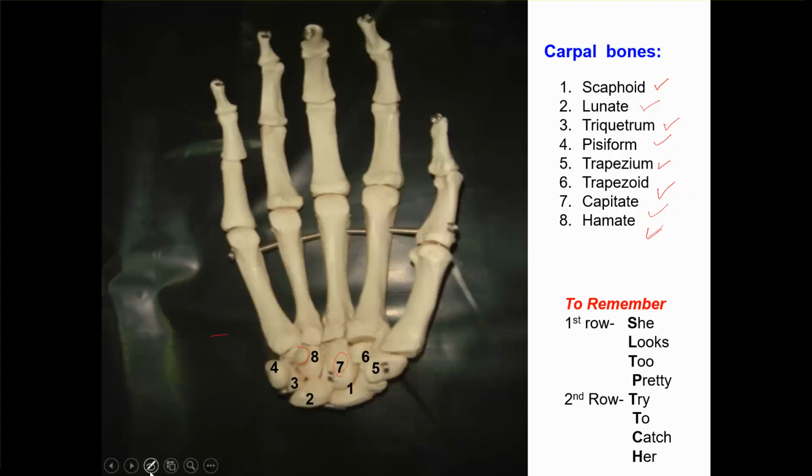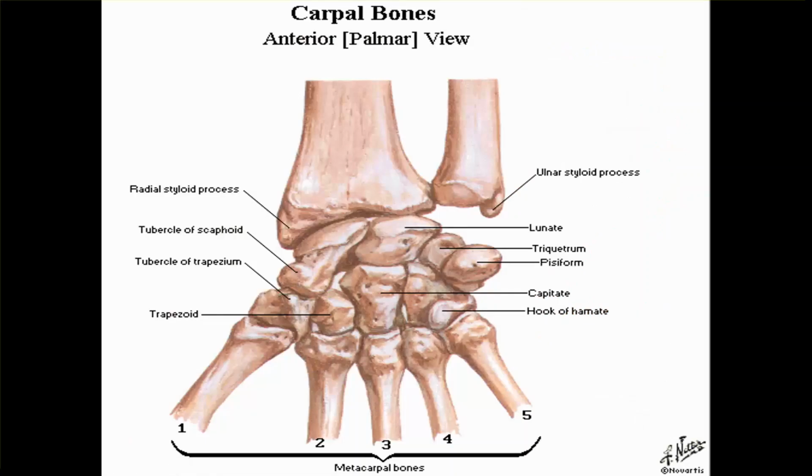So here is another view to see the bones. Here you can also see how the lower end of the radius is articulating with the scaphoid. This is the scaphoid, and this is the lunate. Remember, scaphoid and lunate form the wrist joint. You can also look for the styloid process of the radius, which is at a lower level compared to the styloid process of the ulna, which is at a higher level.